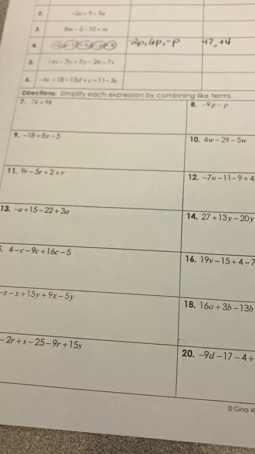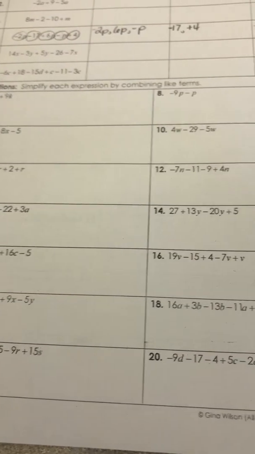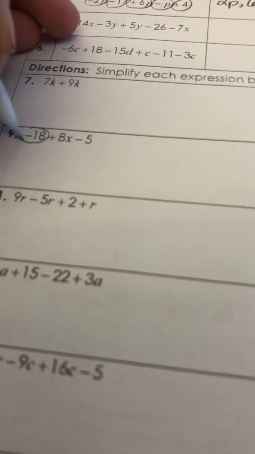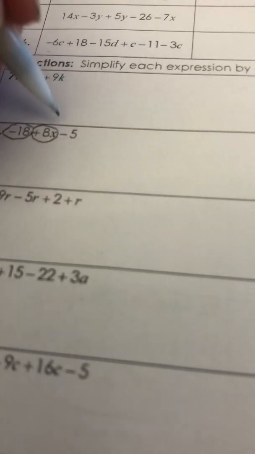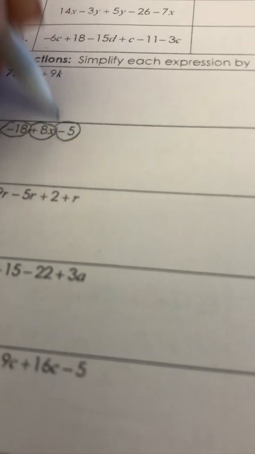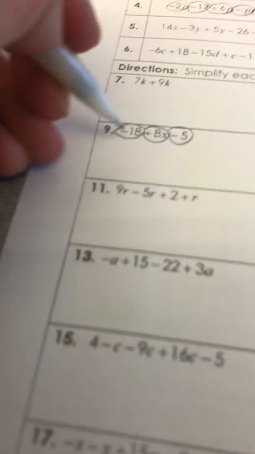Number 7 through 20 is exactly what we did on the other side. Simplify each expression by combining like terms. So just like we did before, you can circle your terms, keeping the operator in front if you need to. Rewrite. So we have, sorry, this is hard with one hand.